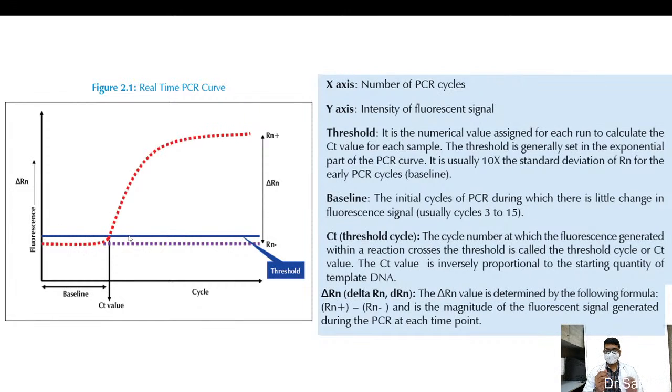That is, very few cycles are needed for it to shoot up and cross this threshold value. Crossing the threshold means fluorescence increases exponentially. That indicates the amplification has started and exponential growth is taking place.